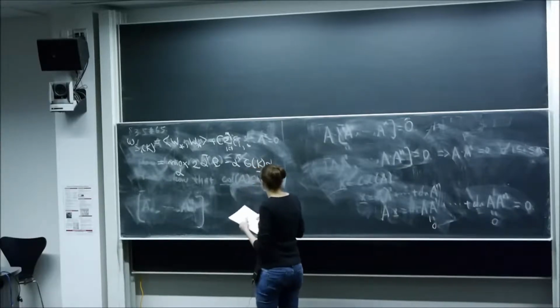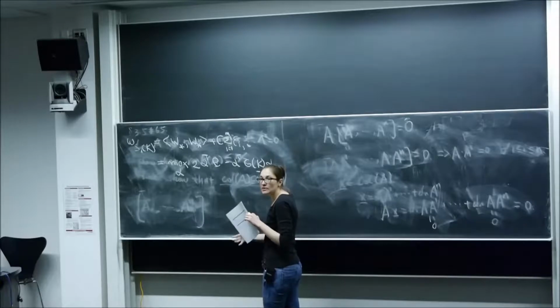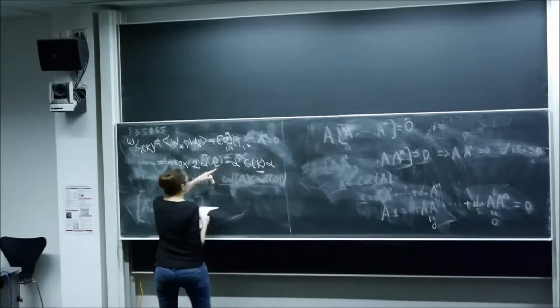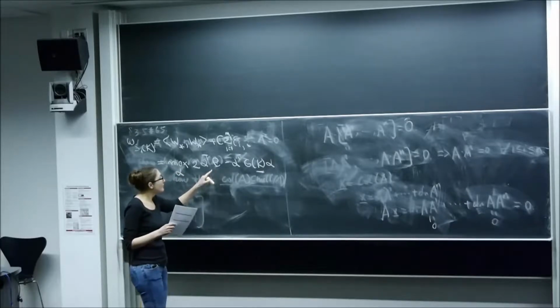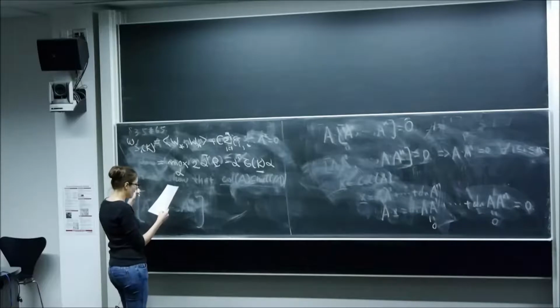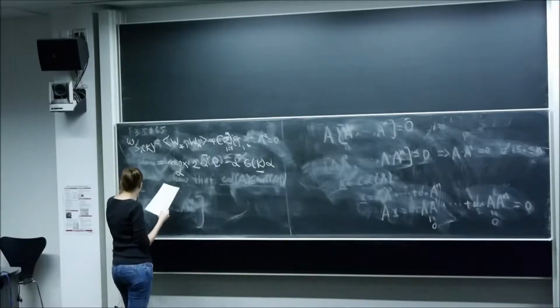K is the kernel function that I'm using in kernel SVM, and E here is a vector of ones. All right, so let's see how I'm defining this function g of k.